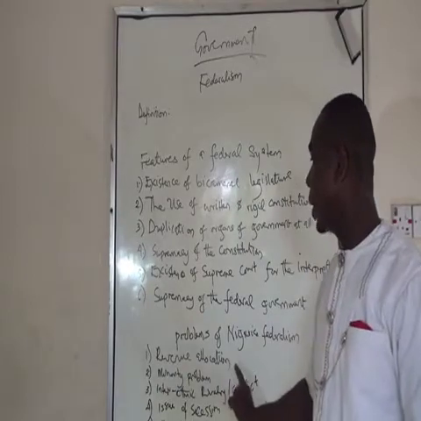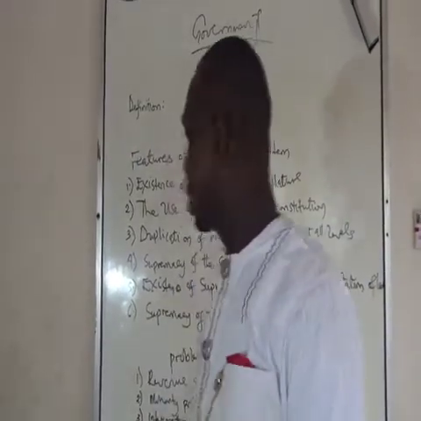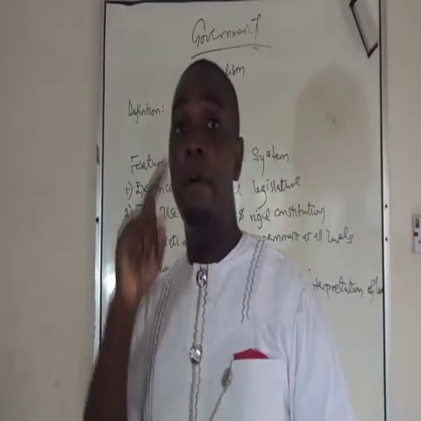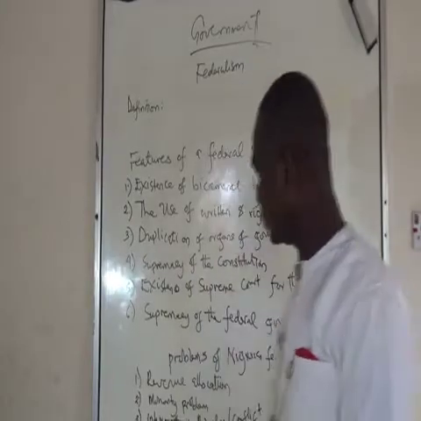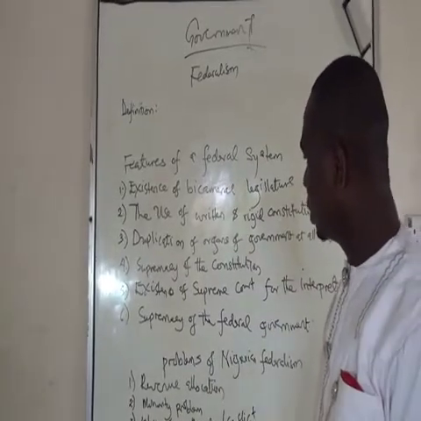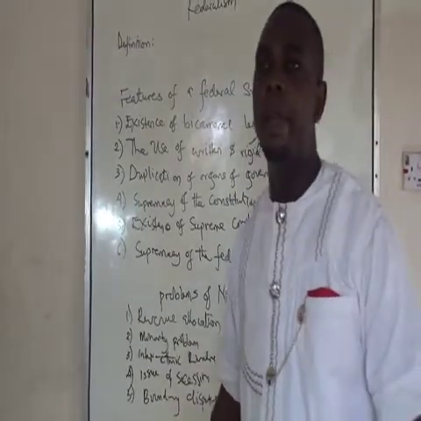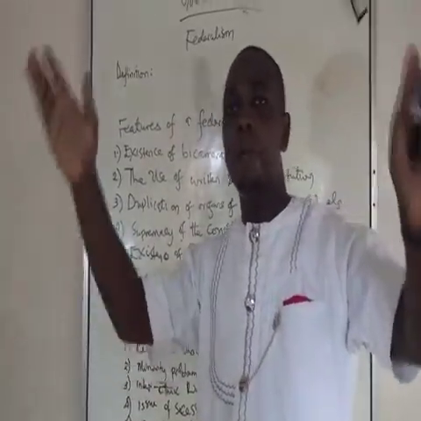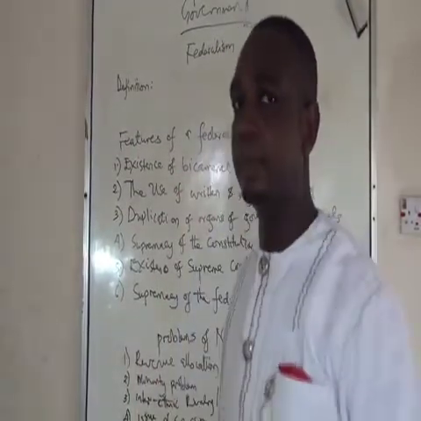Now we're going to be looking at revenue allocation. Revenue allocation is a very big problem for the federal system as practiced in Nigeria. The reason is that some states in Nigeria, by virtue of the imperial creation, are more gifted than the others.